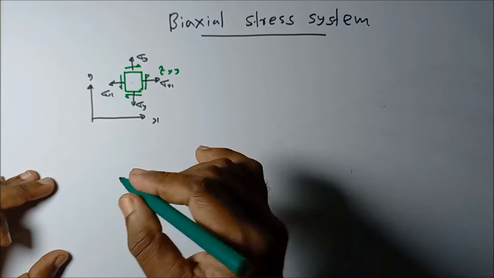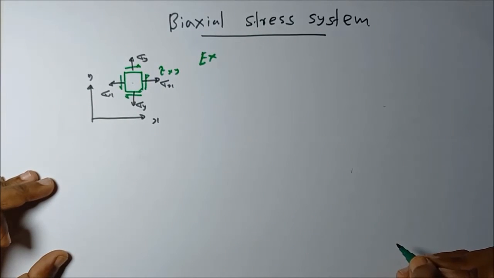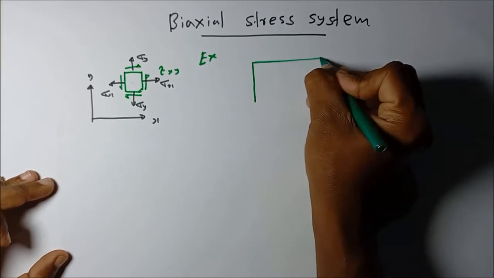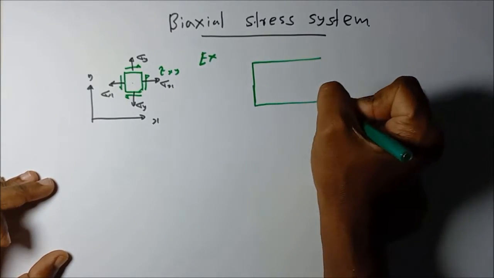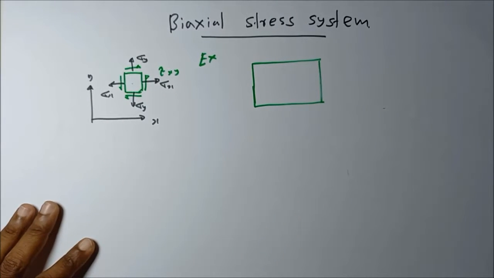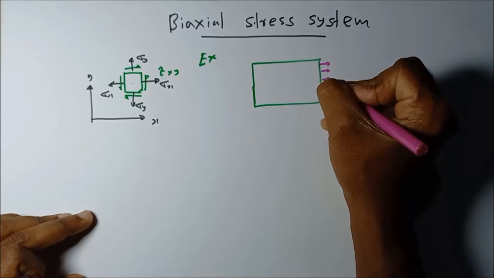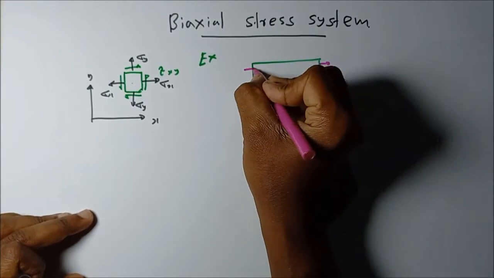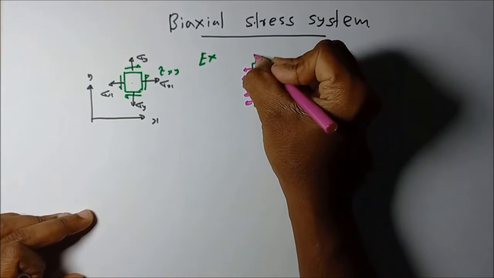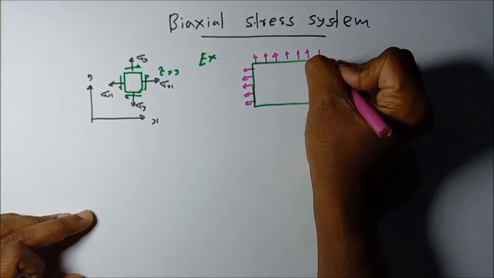Then what are the examples for this biaxial stress system? For example, let's take this sheet metal. We are applying distributed forces in this direction, and also we are applying forces in this direction.